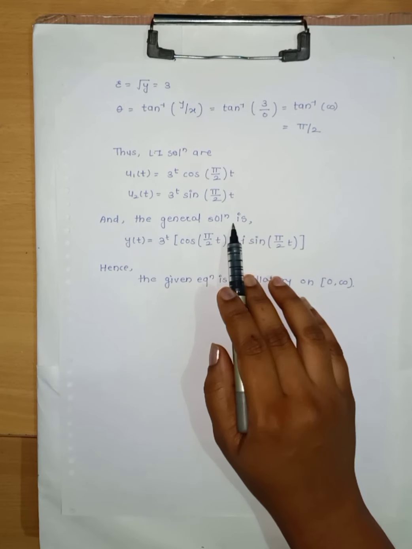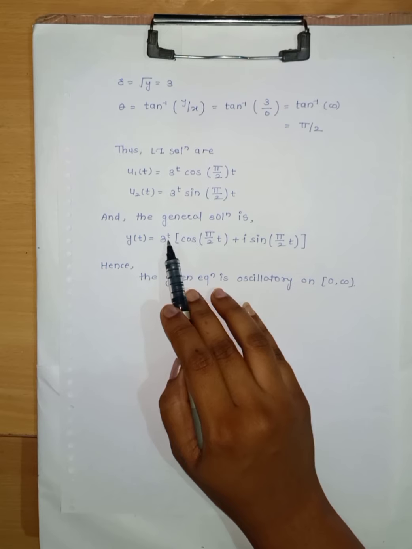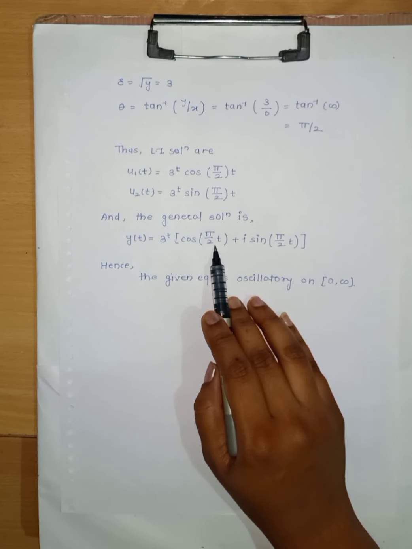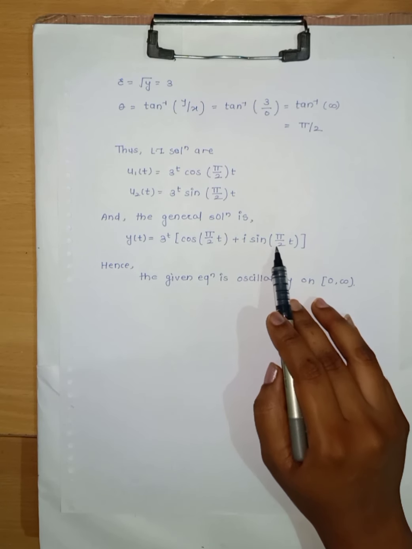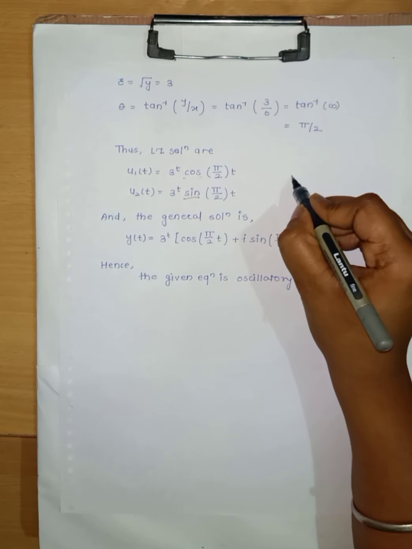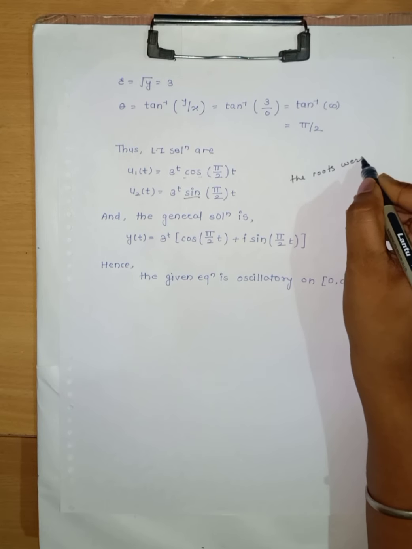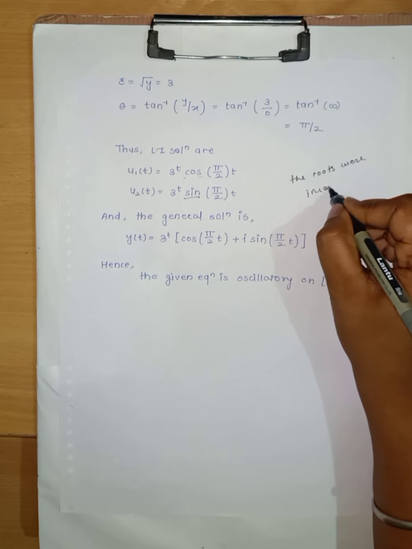and the general solution will be y of t equals 3 to the power t into cos pi by 2 t plus i sin pi by 2 t. This cos and sine appear because the roots were imaginary.